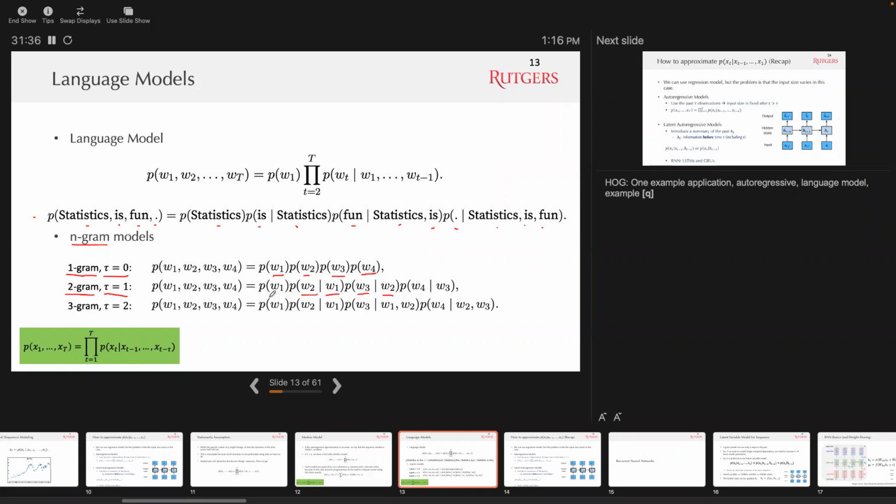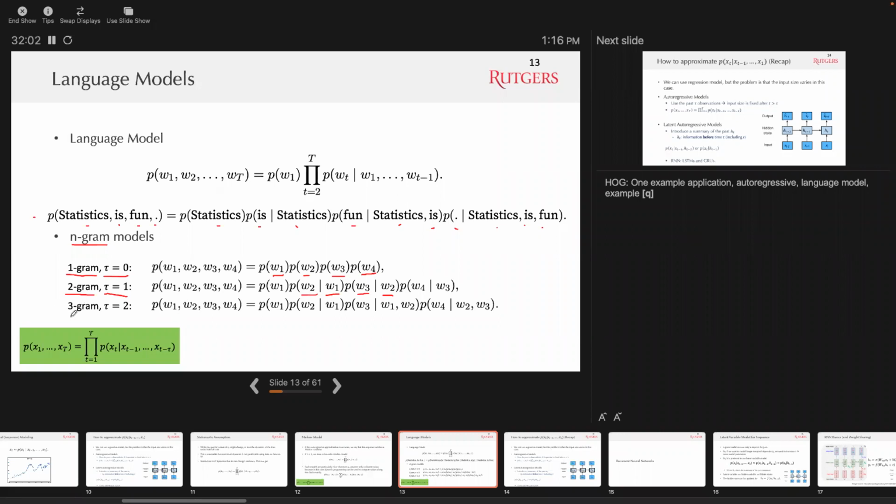This is the first order Markov model. In natural language processing, this is the 2-gram model. When they're modeling these languages, they treat 2 consecutive words as a unit, and they model their joint probability.